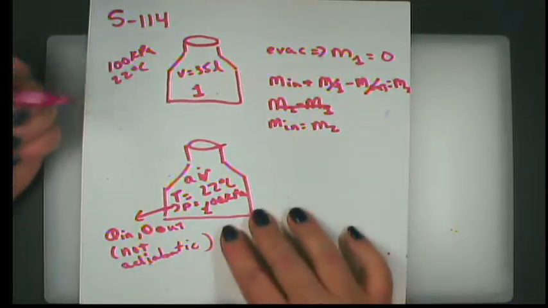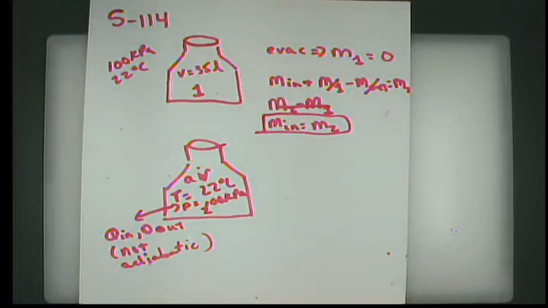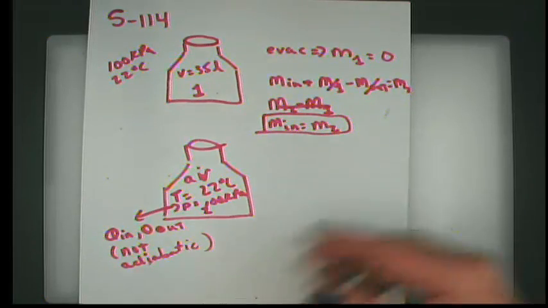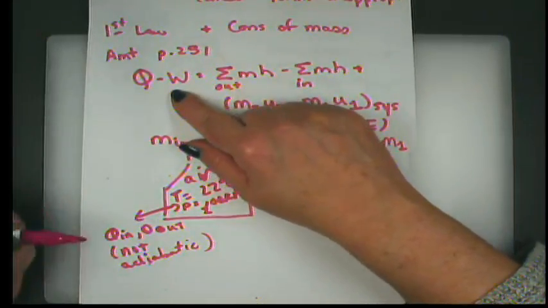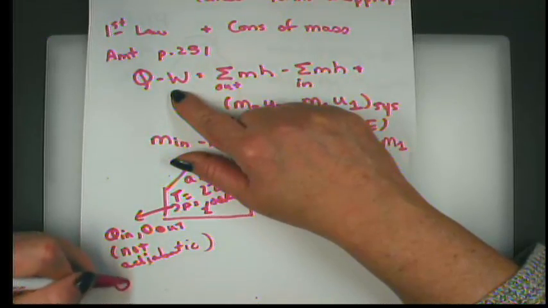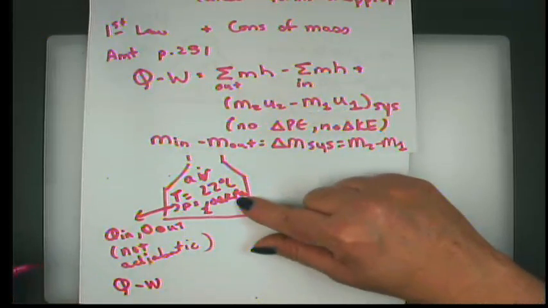Well, we know what our mass flow rate equation looks like. If we go back to a uniform flow problem, when we look at the amounts of energy, we start with this equation, and we find that Q minus W, does this bottle change volume at all?